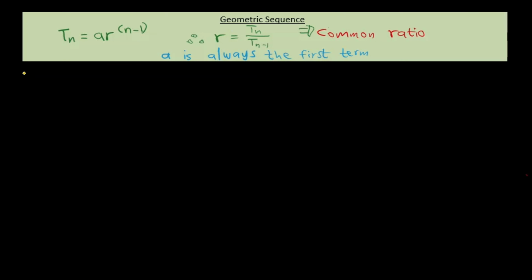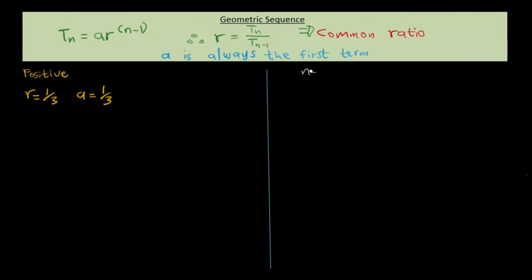So what do we know from the previous slide? We know that positive R, which is 1 over 3, gave us positive A, which was 1 over 3.